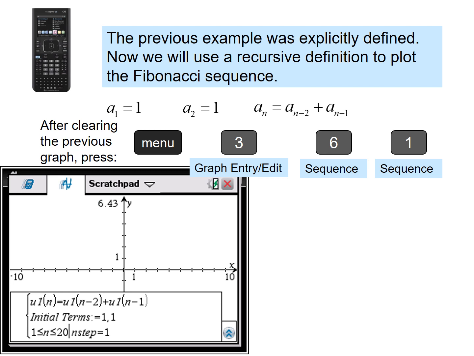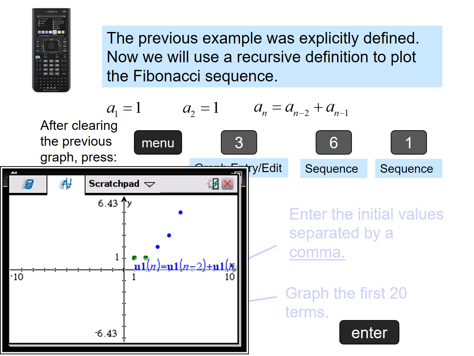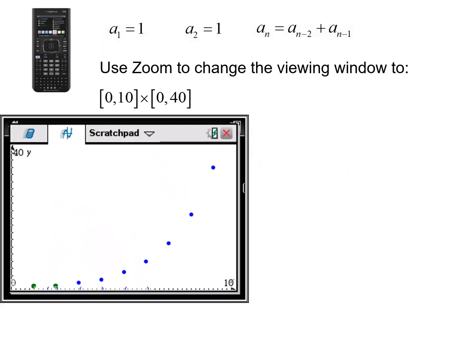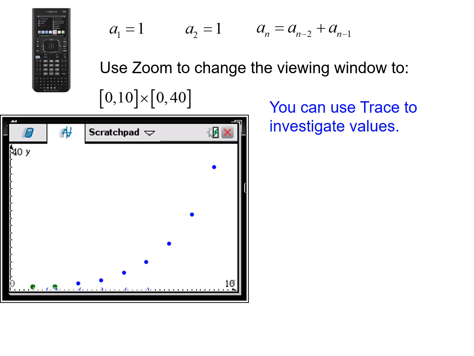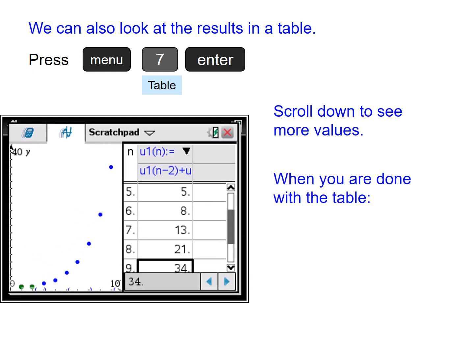So the n minus 2 term and the n minus 1 term, you add them together. We have to give those initial terms. And the calculator will graph the Fibonacci sequence. We can view this as a table.